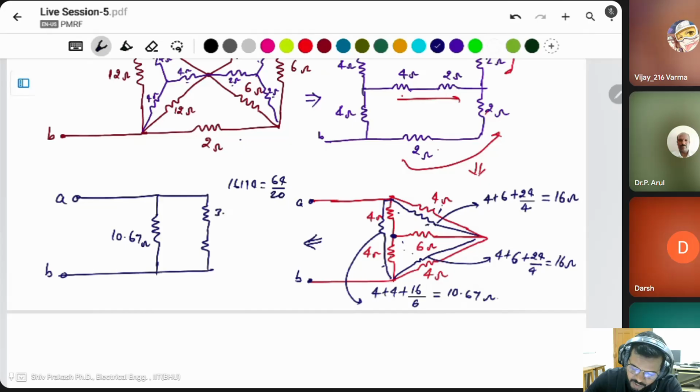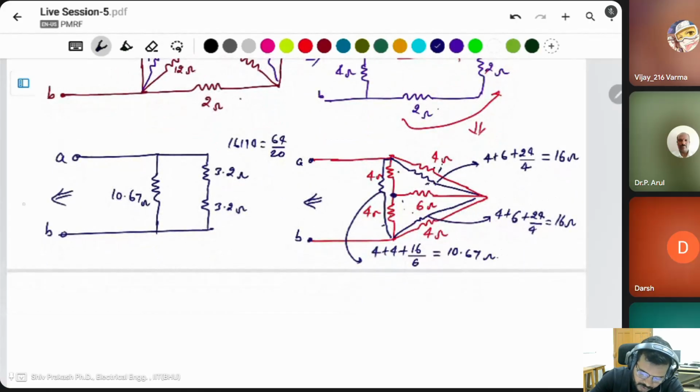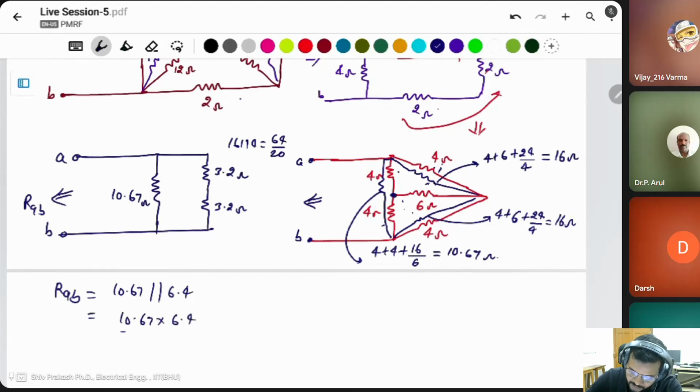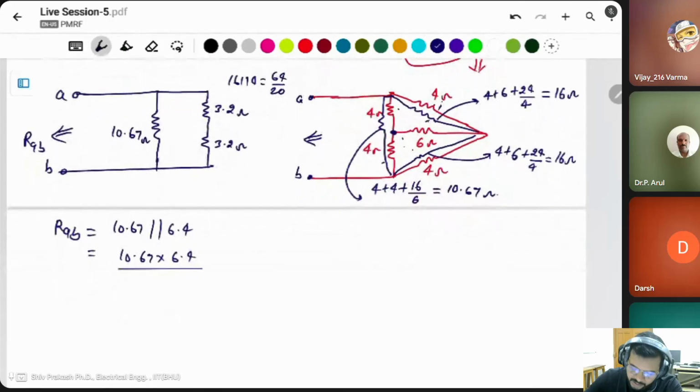This will be 3.2 ohm. This is also the same 3.2 ohm. Then what is the RAB? RAB is equal to 10.67 parallel with 6.4. 10.67 multiplied by 6.4 divided by the sum of these two, 10.67 plus 6.4. You can calculate this one. This will be, I think, 4 ohm.